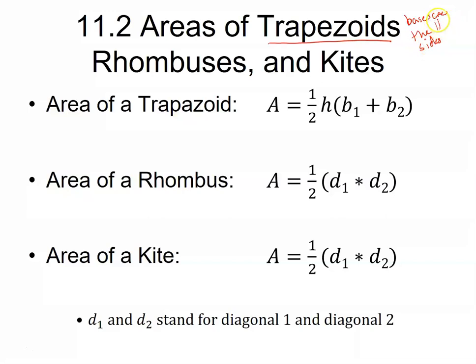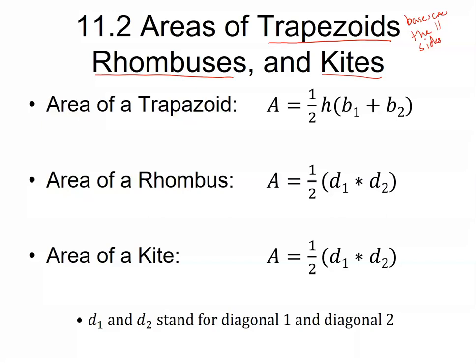Remember that that double line right there is the symbol we use for parallel. Rhombuses have 4 congruent sides. And kites have 2 pairs of consecutive congruent sides.